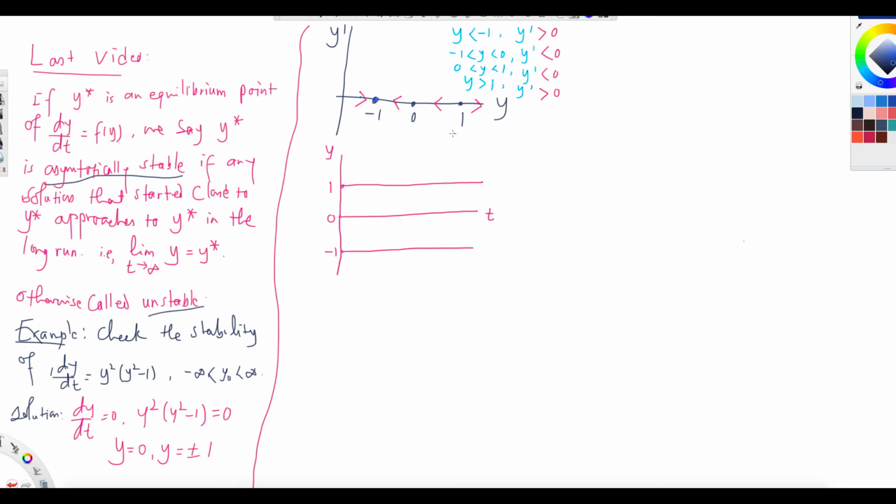Let's say at positive 1, on the bigger side of positive 1, it is going away. If you start a solution close to that point, then the solution is going away. Similarly, below 1, between 0 and 1, it is going away too.